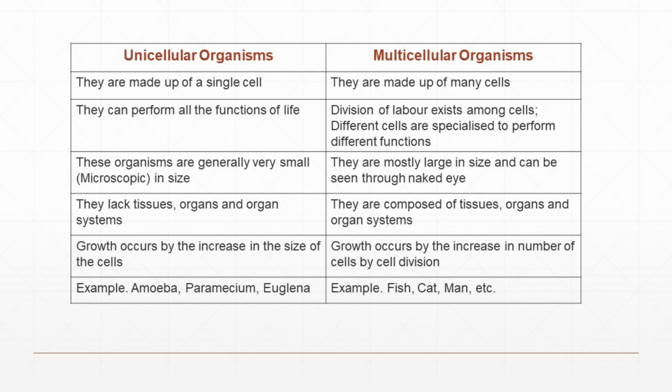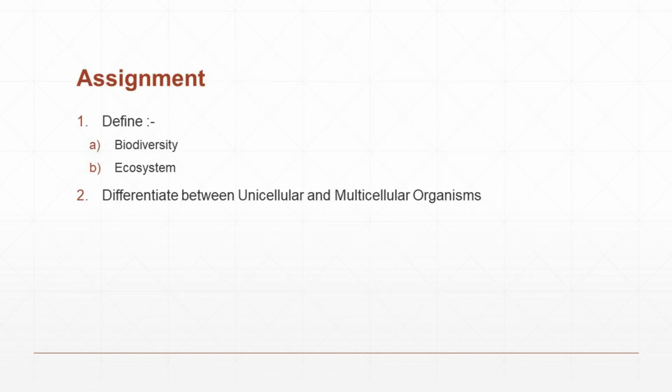In unicellular organisms, growth occurs by an increase in the size of the cells, but in multicellular organisms, growth occurs by an increase in the number of cells by cell divisions. Examples for unicellular organisms: amoeba, paramecium, euglena, etc. Multicellular organisms: earthworm, fish, birds, human beings, etc. That's all about the lesson.